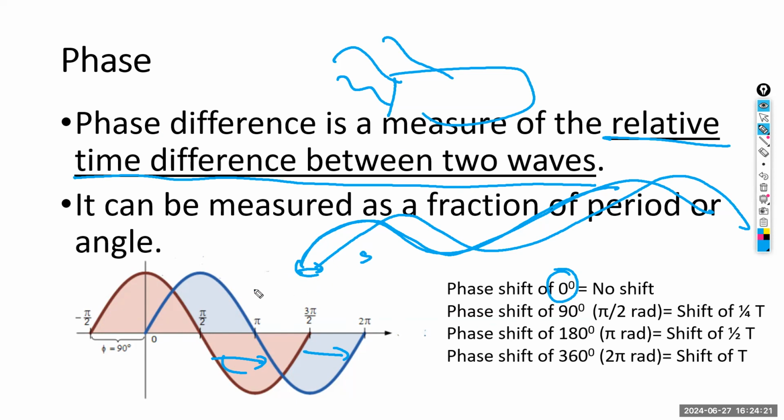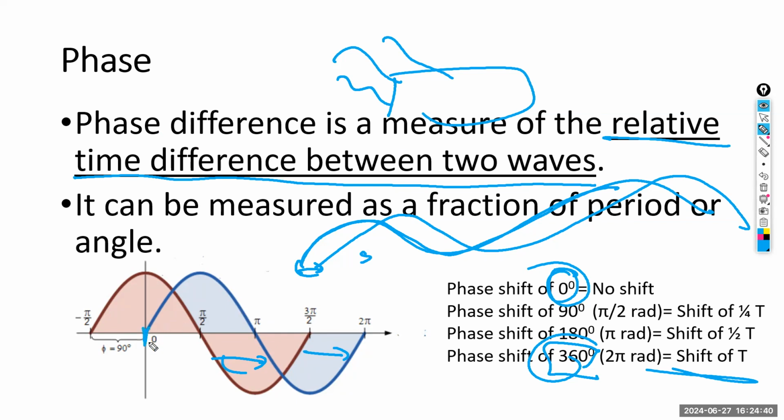So the phase difference can be a maximum of 360 degrees. That is one period out of sync. Zero means no phase difference, and 360 means the phase difference is the entire cycle.